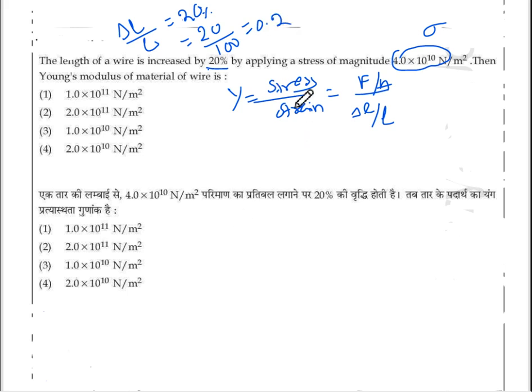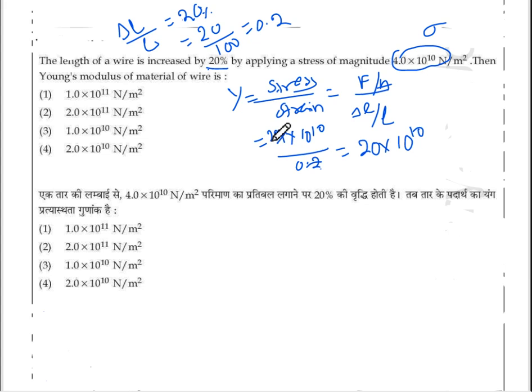Now you just put it here, so stress is 4 into 10 to the power 10 divided by 0.2. If we calculate, it will be 20 into 10 to the power 10.